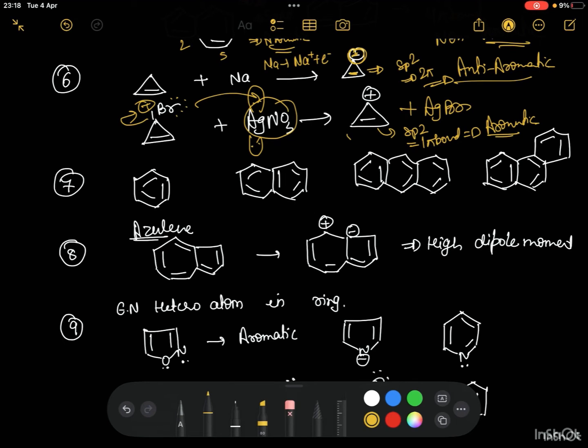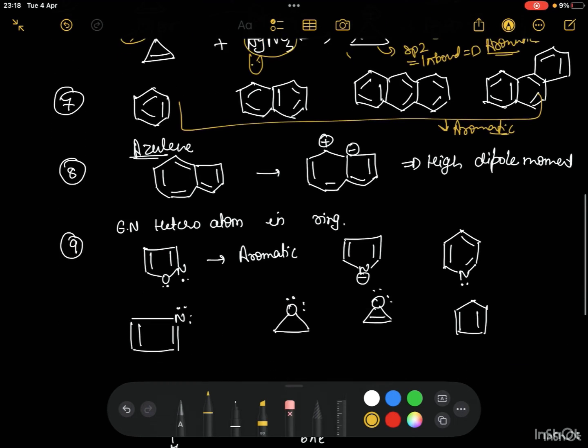Now benzene, naphthalene, anthracene and phenanthrene are all aromatic compounds. Now third is the azulene type system, like that.